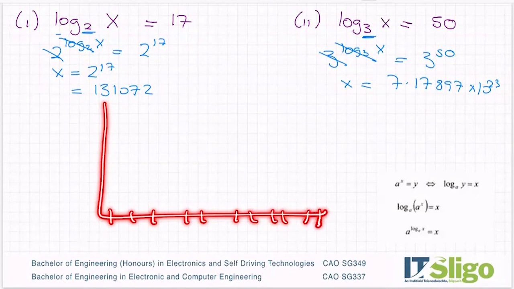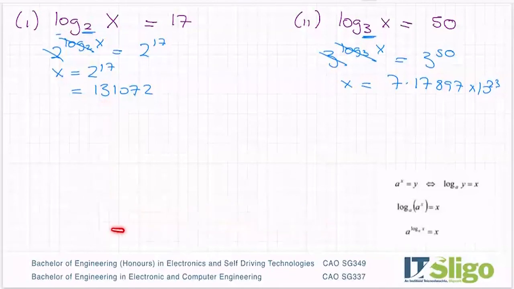So what you end up doing is a log graph, and you go up in a logarithmic scale. So you're going up in 10, 100, 1,000, and so on, a base 10 scale. So that's where logs come into their own, where you're dealing with big numbers.